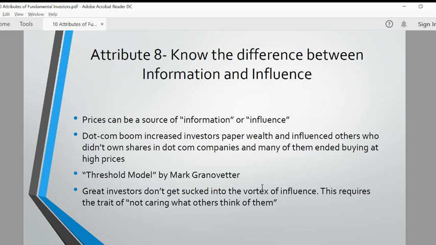Some people need one or two people to have started a riot, and they would be joining, whereas a few other people need more people to be part of that particular phenomenon. Similarly, the author compares this to the influence while investing. Great investors don't get sucked into the vortex of influence. This requires the trait of not caring what others think of them.